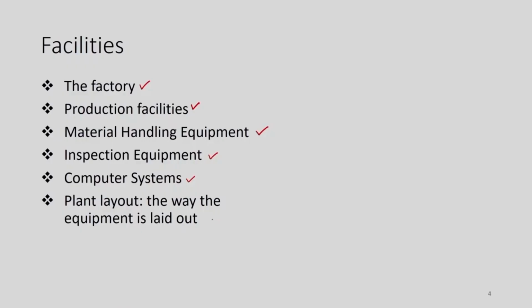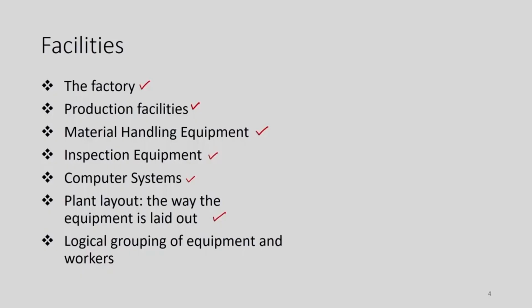The next point of the facility is the layout. So, layout is not a physical term, it is the general term, but the way equipment are laid out on the shop floor, that we call the layout, the plant layout. So, how are these layouts developed? The layouts are developed by applying certain logic.